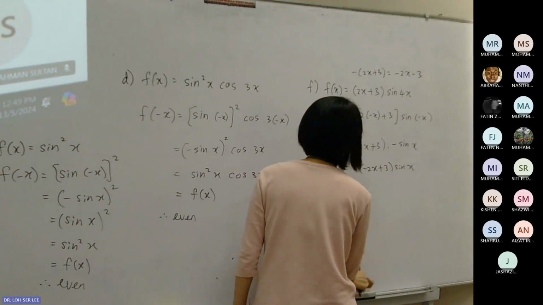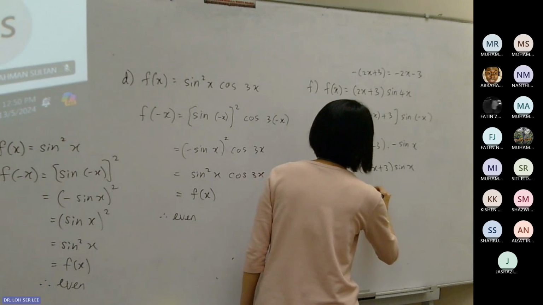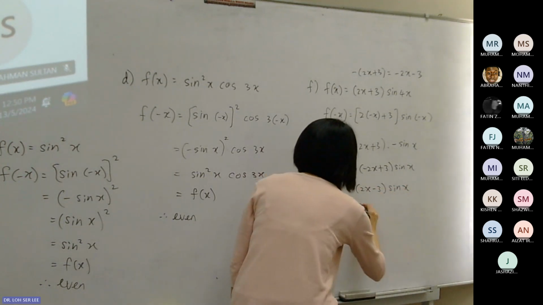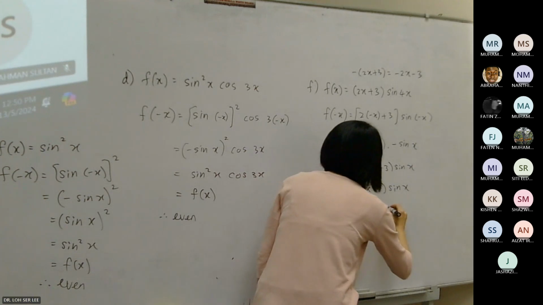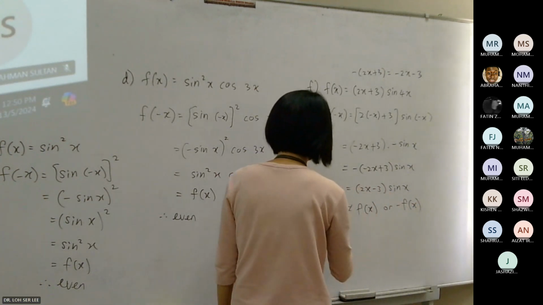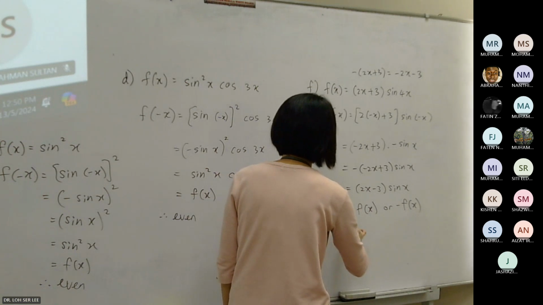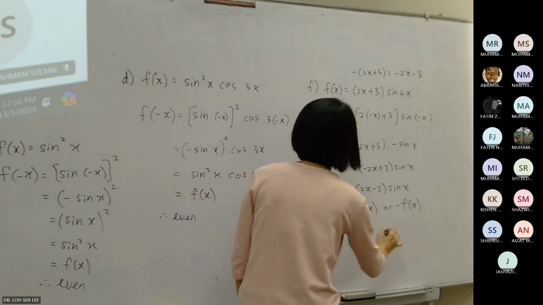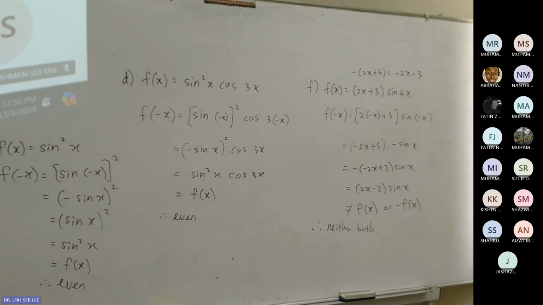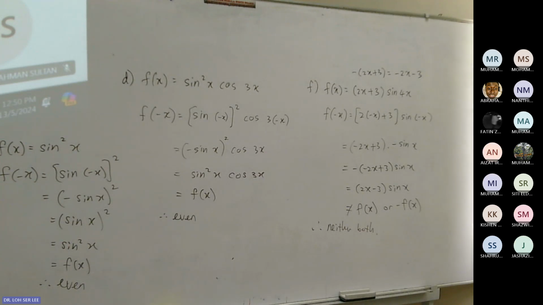Let's simplify one more: 2x minus 3 sine x. This is not equal to f(x) or negative f(x). So neither odd nor even. As long as one of the functions is neither both, that means overall it is neither odd nor even.